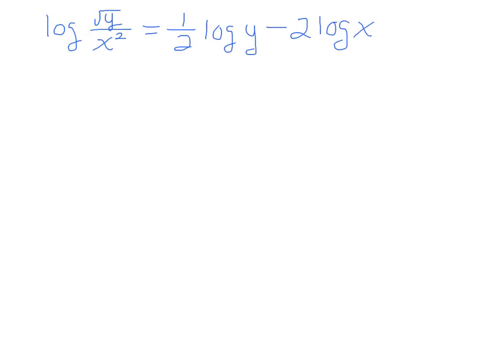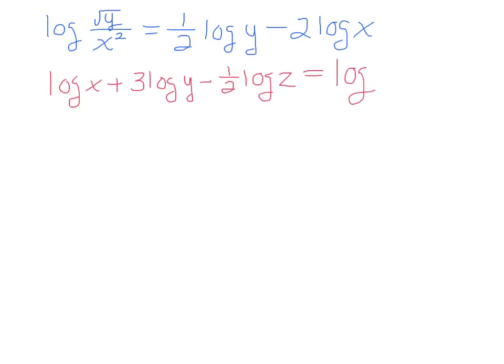Okay, now let's go from multiple logs to a single log. If I have log of x plus 3 log of y minus 1/2 log of z, and I want to write that as a single log. Now you can only do that if all the logs have a common base, and in this case they do. Even though a base is not given, it's considered to be base 10. I would write it as log, so there's my single log.